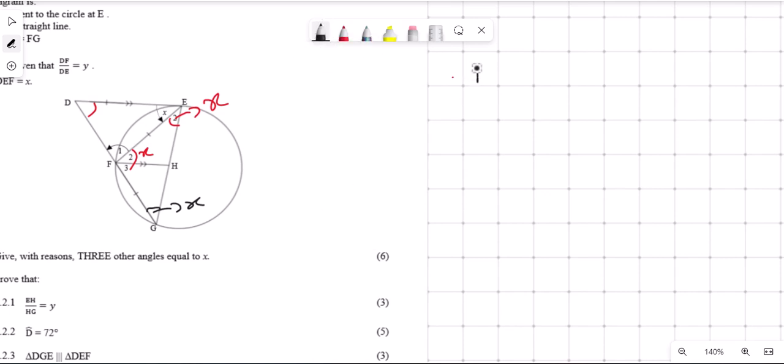Oh. So we can say angle D is equal to, remember, D and F1 are equal. Is that correct? Yes, angles opposite equal sides.